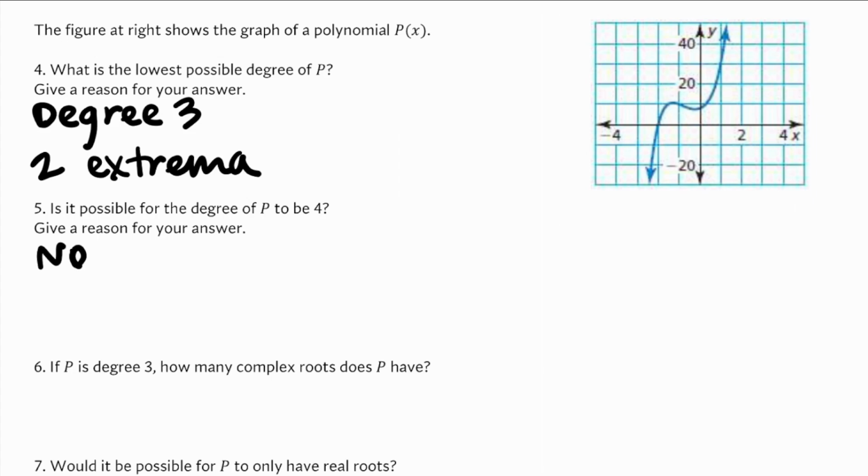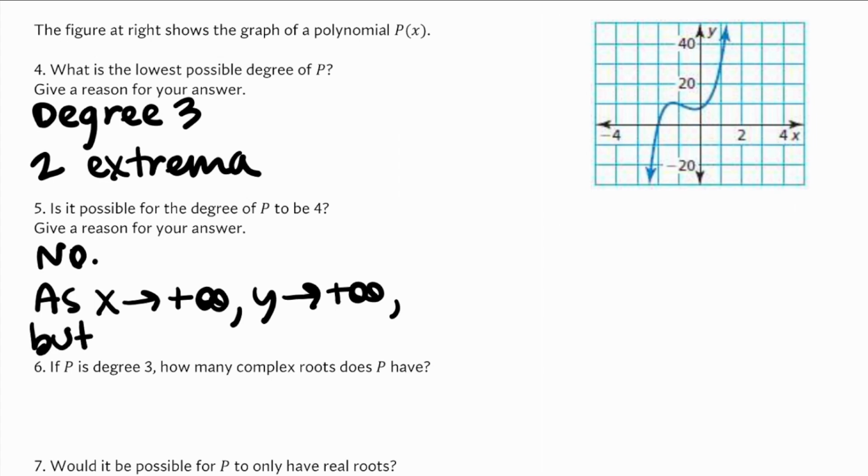No, because I can tell it's an odd degree because of the end behavior. As x approaches positive infinity, y is approaching positive infinity. But as x approaches negative infinity, y is approaching negative infinity, and a 4th degree polynomial can't do that. So that would be my reason why.